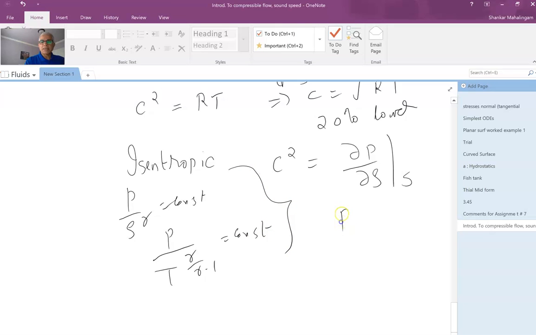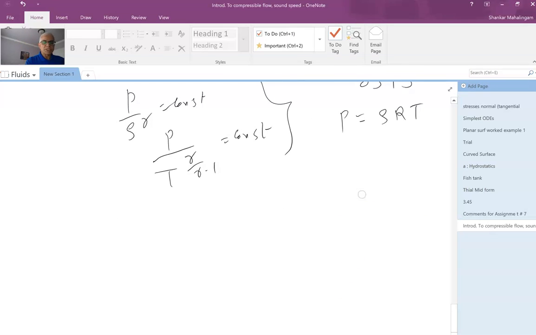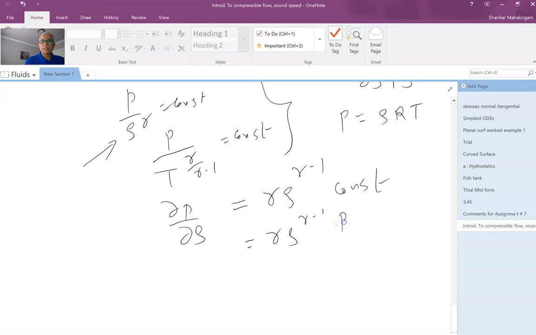And also combining that with P equals rho RT, it's actually easy enough to show that the partial of P with respect to rho turns out to be gamma rho to the gamma minus 1 times a constant. I can write this as gamma rho to the gamma minus 1, and that constant is essentially what I've got over here, P over rho raised to gamma.